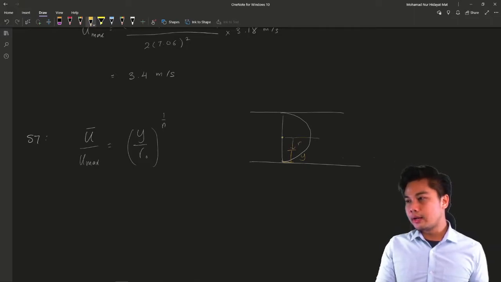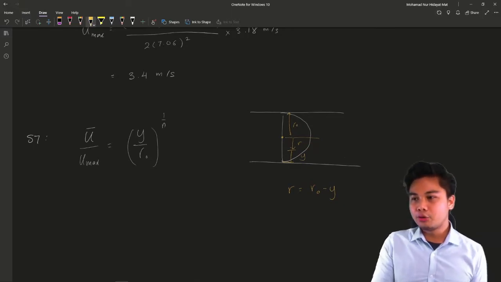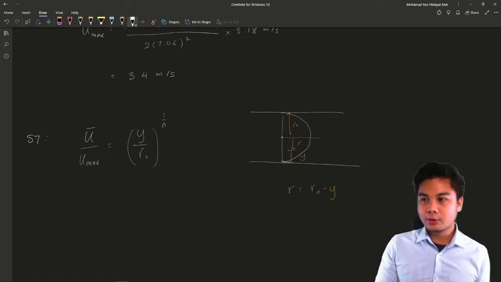Definitely, this is our r. The total radius we call r naught. In order to get r, we take r naught minus y. So first we need to find y. From this equation, u average we found previously using the continuity equation.